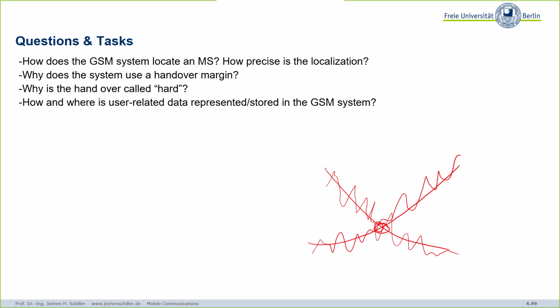That's a problem. So now you saw, okay, we perform handovers, we can call phones no matter where you are. I also gave you examples why you might hear some of those cracking noises in the loudspeaker. These are the signals your phones send, depending on the type of the phone, stronger or weaker. Now a question, where does the system really store user-related data?